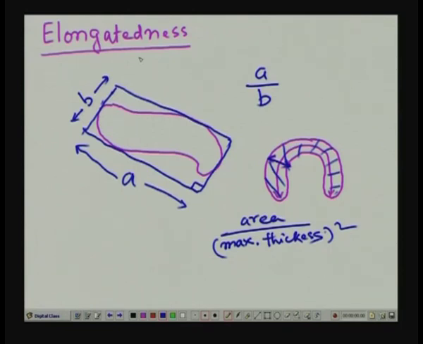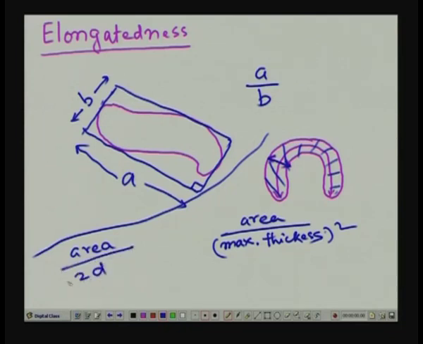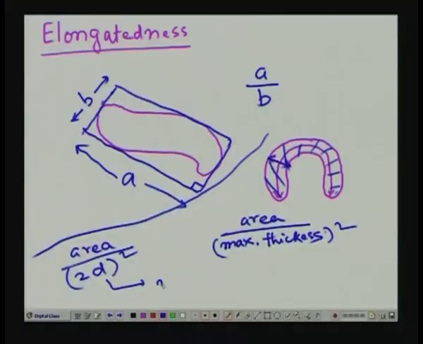And one way to find it out is you find out area divided by 2d square, where d is the number of erosion steps that is needed before this region erodes to a null set. So, this is the maximum erosion steps.